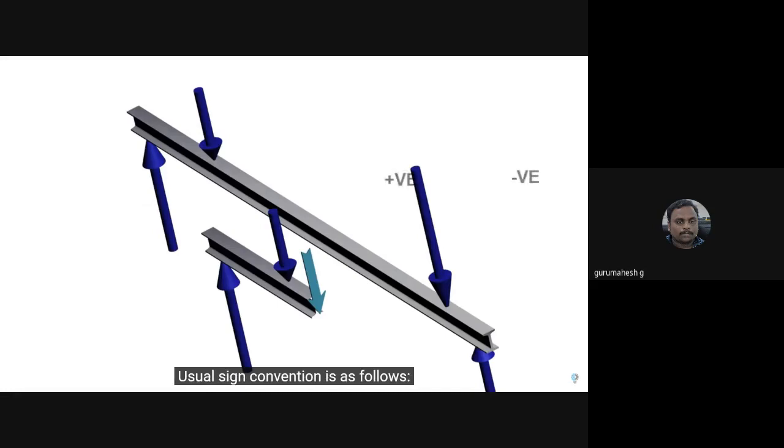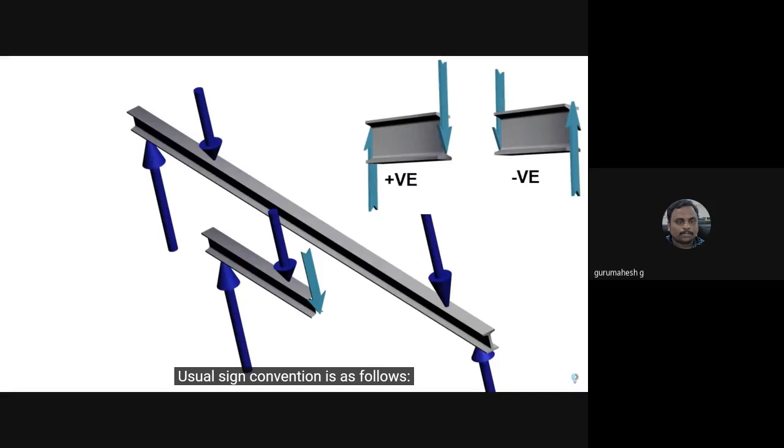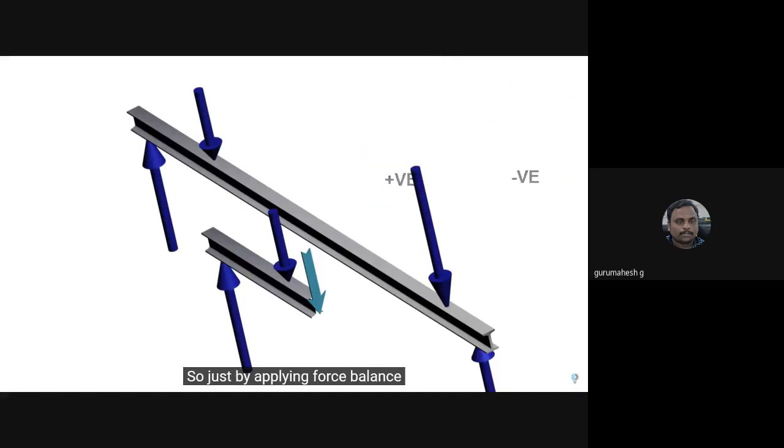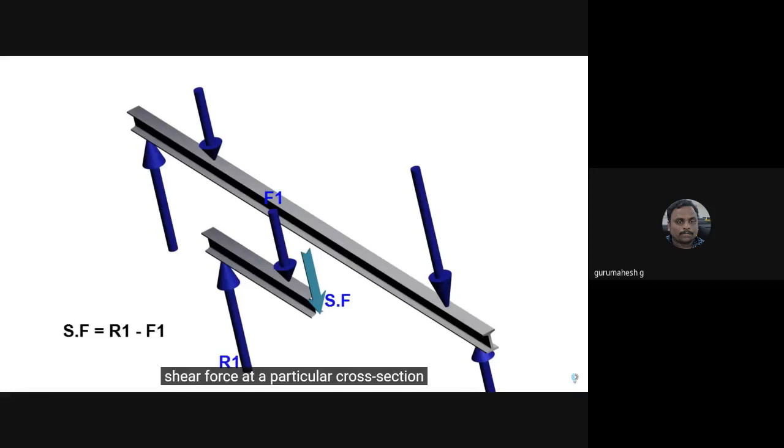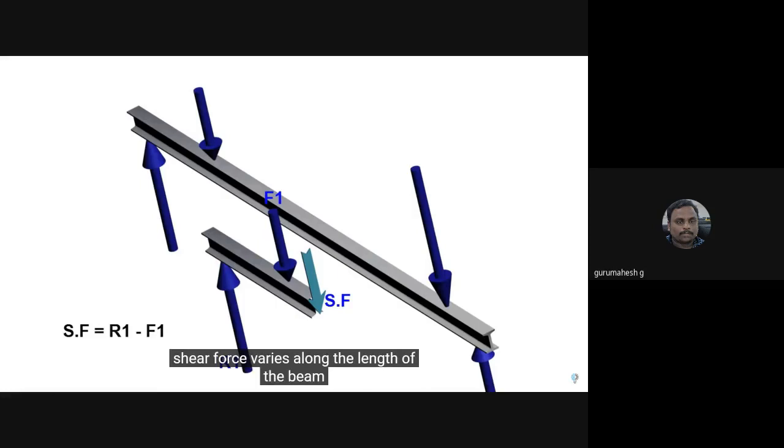Usual sign convention is as follows. So just by applying force balance in the vertical direction on the free body diagram, we can determine the value of shear force at a particular cross-section. Now we can apply the same concept in different cross-sections and find how shear force varies along the length of the beam.